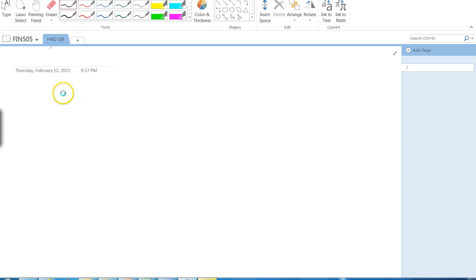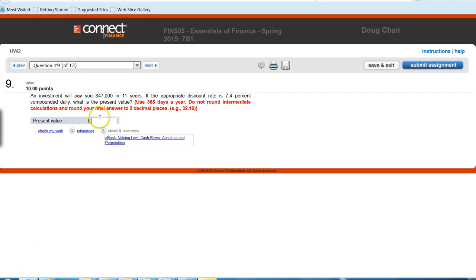Okay, so first I want to write down the formula for the present value of a future value. If we go back to the setup, we only have one cash flow. The question is asking what's the present value of that cash flow.